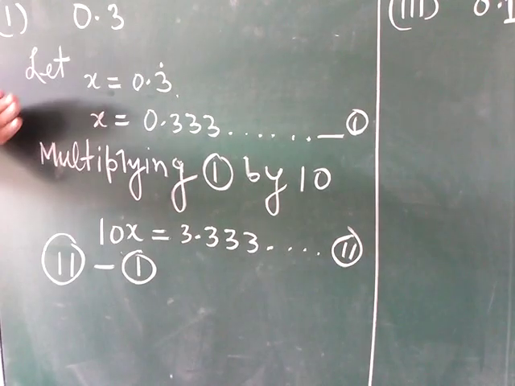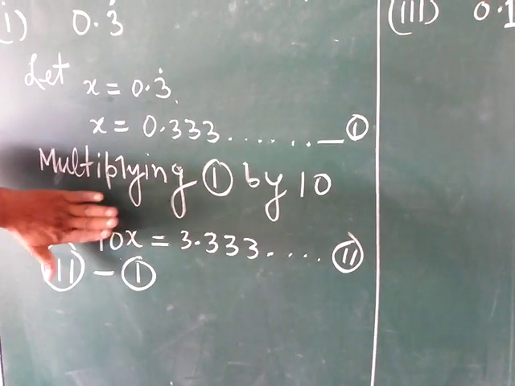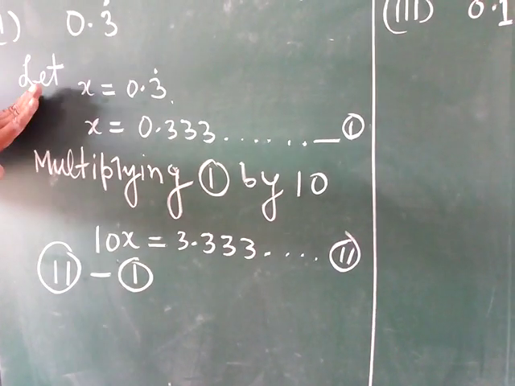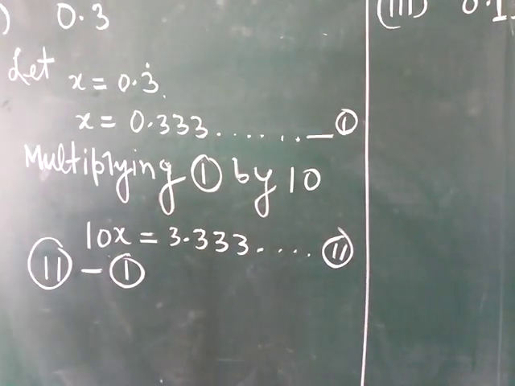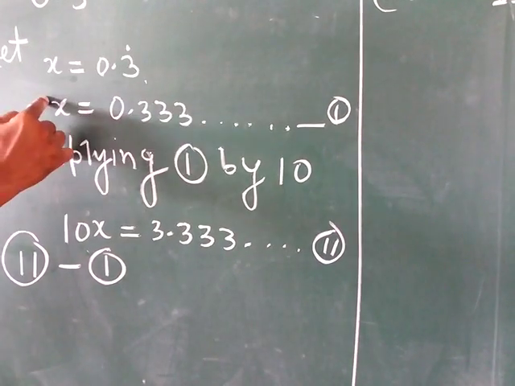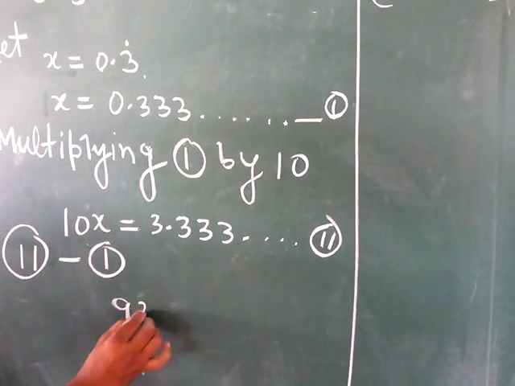How do we subtract equation 1 from equation 2? The left hand side is subtracted from the left hand side, and the right hand side from the right hand side. So 10x minus 1x gives you 9x.